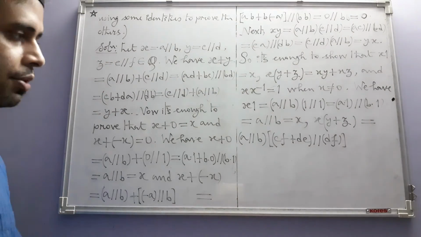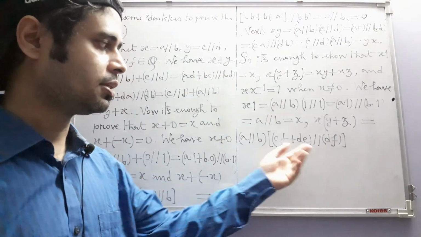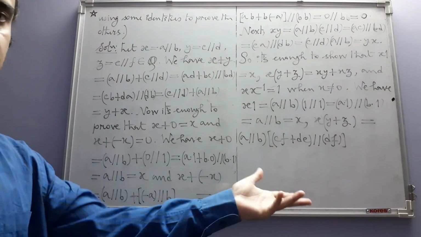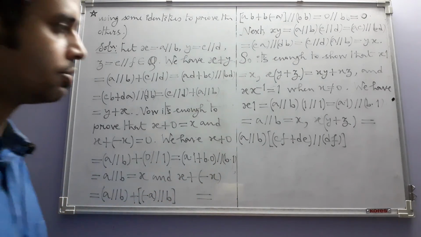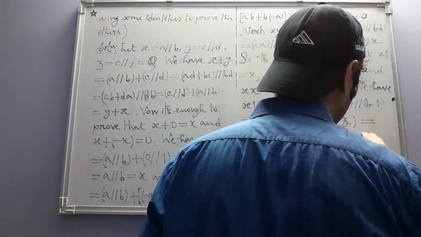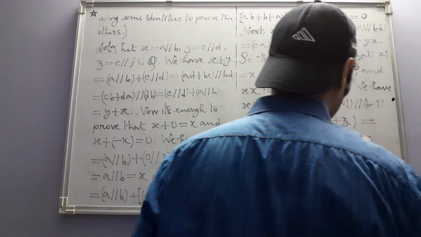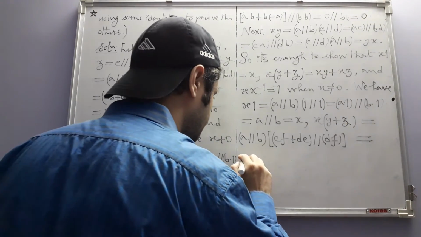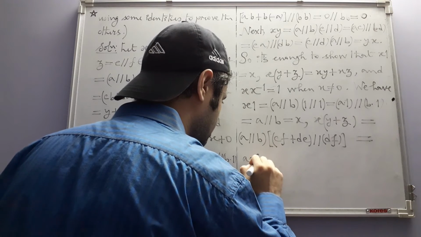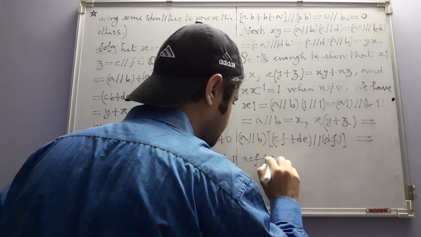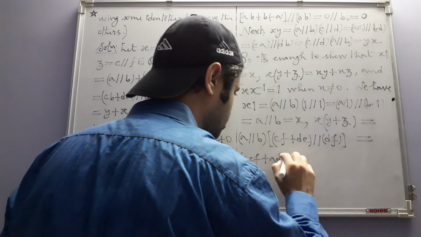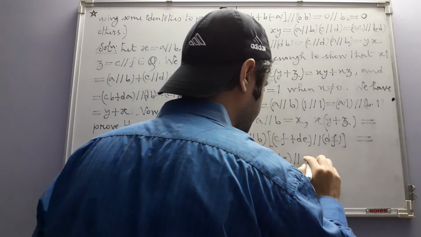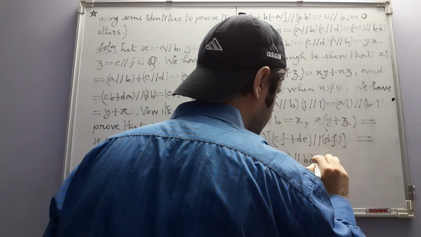If you find it difficult to understand how this is coming, you can write these expressions first, write one more step and then do the calculation. And this becomes then, by the definition of multiplication, equal to acf plus ade by bdf.